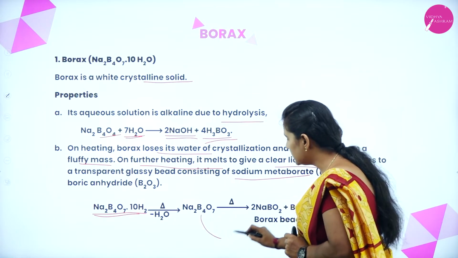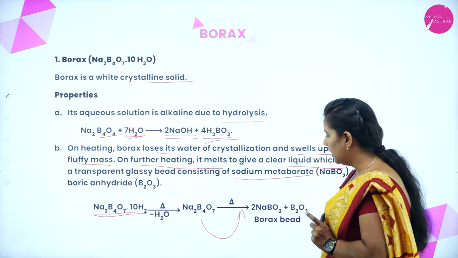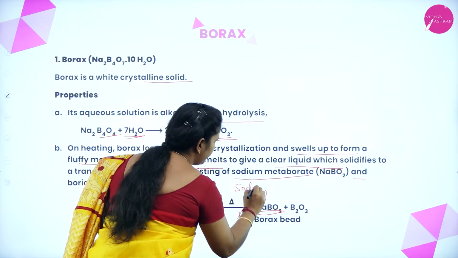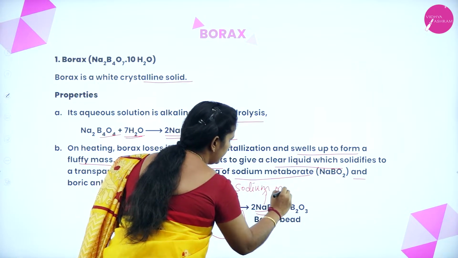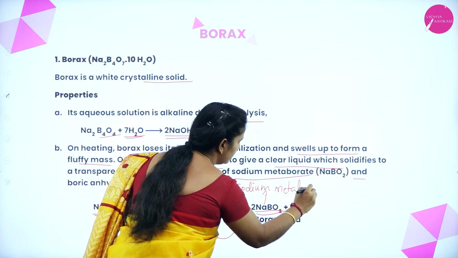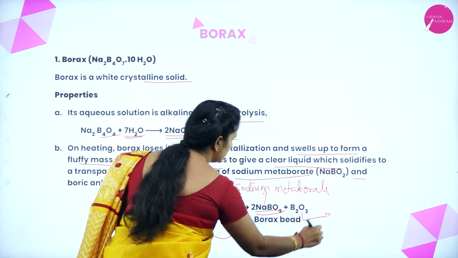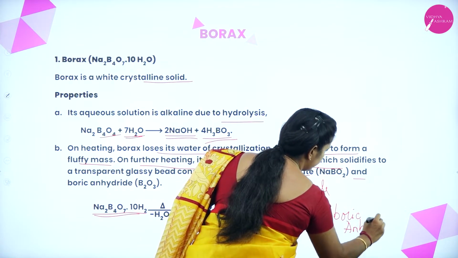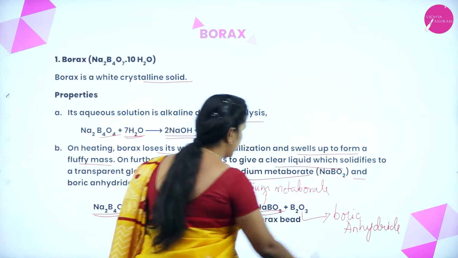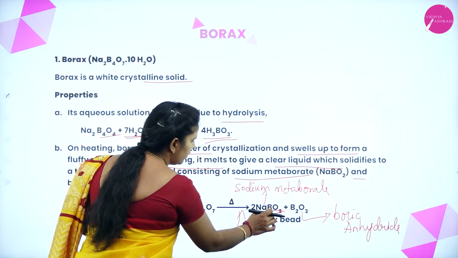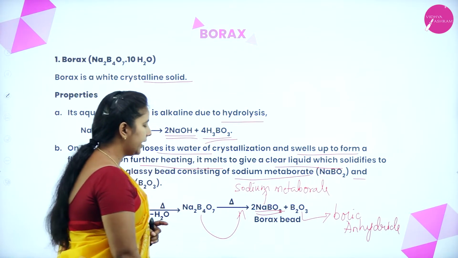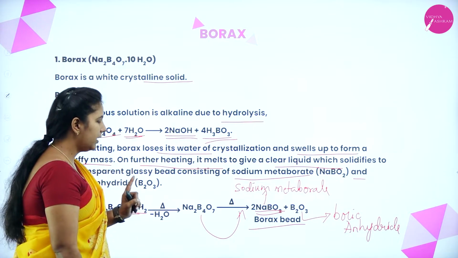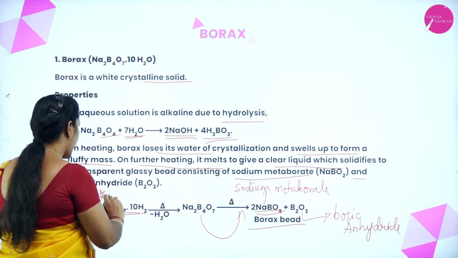If you heat this further, it forms sodium metaborate, and this is boric anhydride. The mixture of sodium metaborate with boric anhydride is known as what? Borax bead. So for your 1 mark, they can ask you, what is the borax bead?